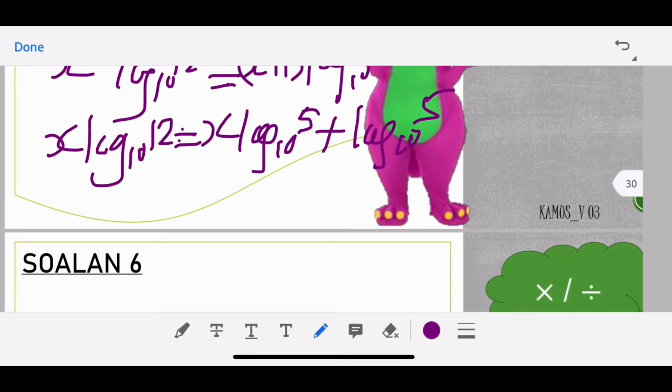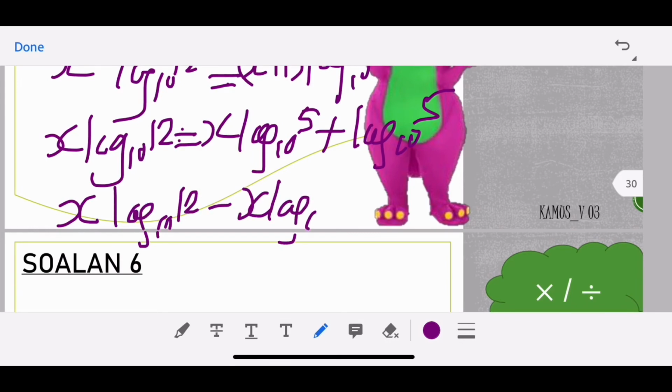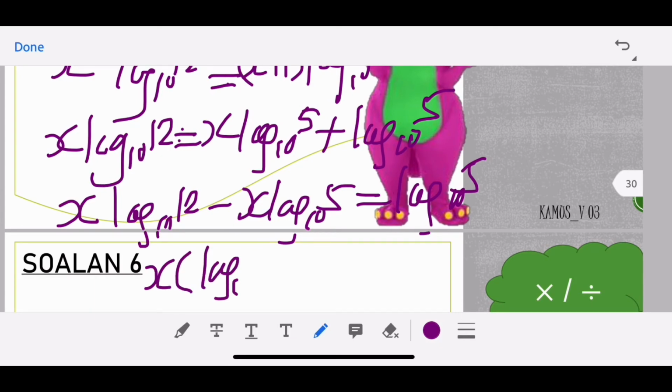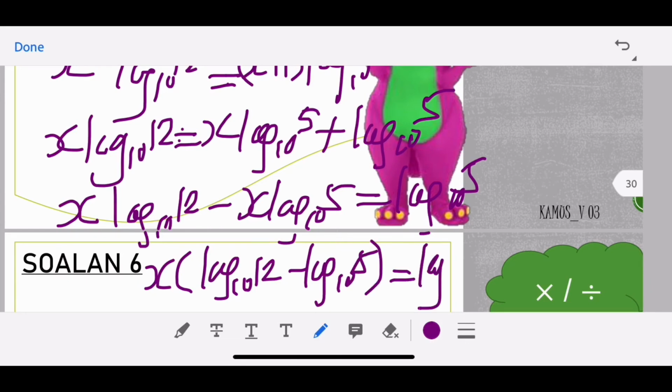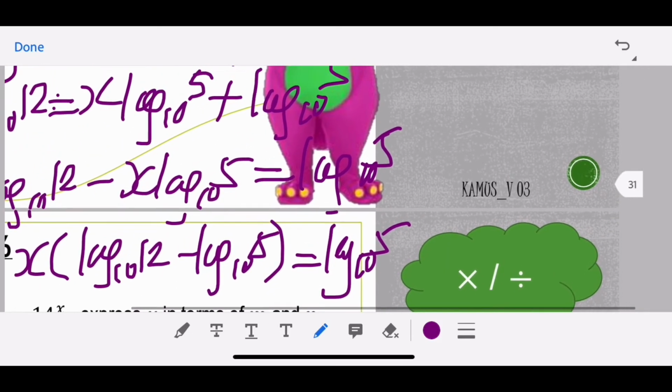Can see or not? Alright, so now you accumulate all the x unknowns to one side before you can solve, isn't it? So x log10 12 minus x log10 5 equal to log10 5, and then you need to factorize the x. So it becomes (log10 12 minus log10 5) in the bracket, with the x, equal to log10 5. Finally, then only you divide for the x.